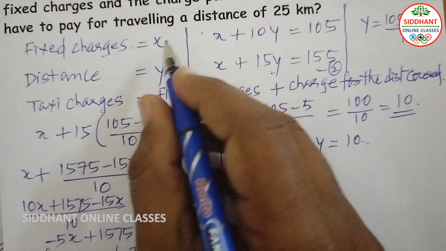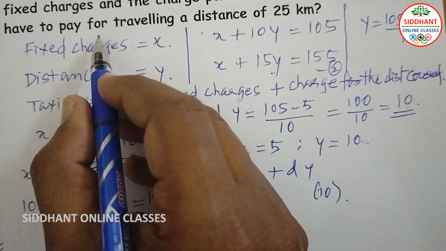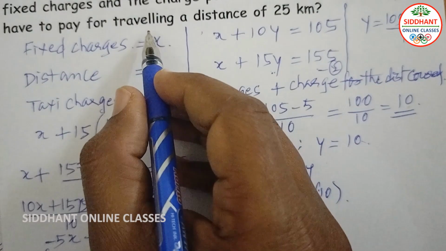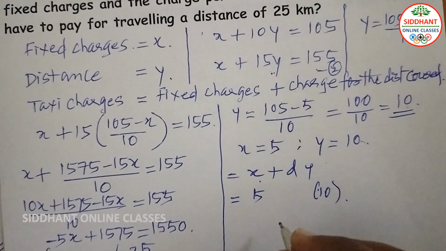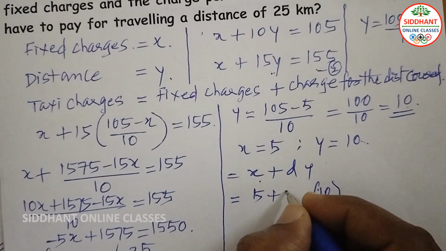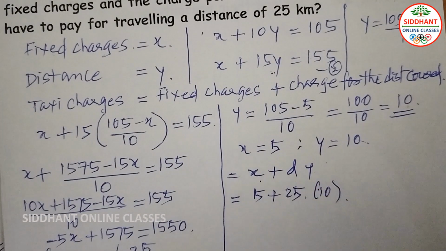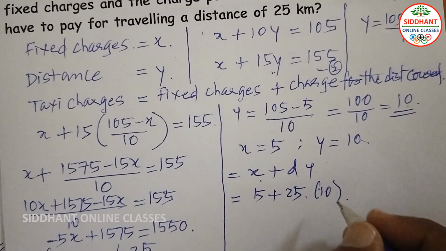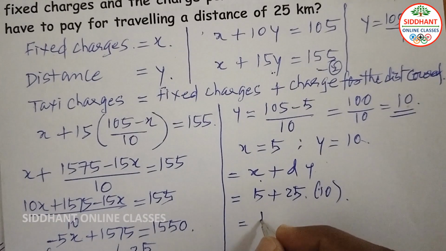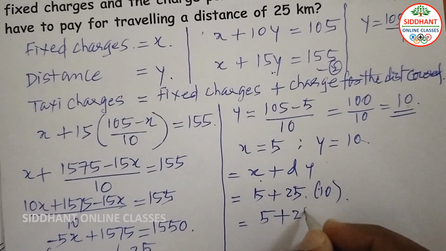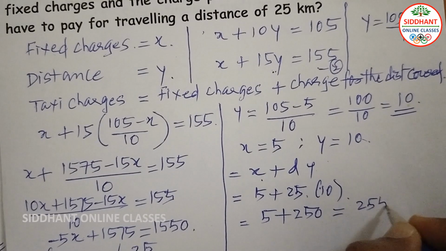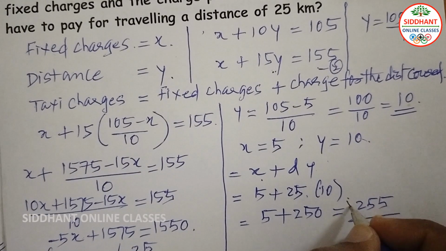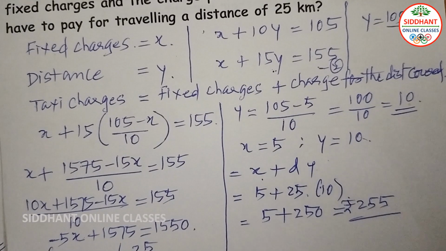And now in the question they asked how much a person has to pay for a distance of 25 kilometers. So here, if the distance is 25, then how much he has to pay? That means 5 plus 25 into 10, that equals 5 plus 250, that equals 255 rupees here. So this much rupees he has to pay.